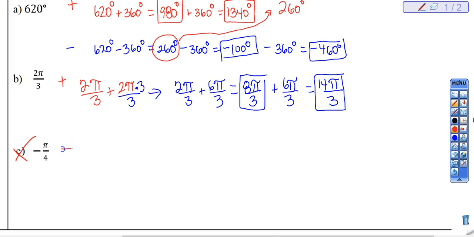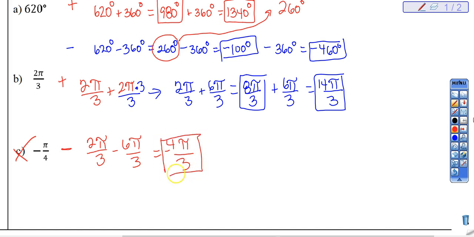And then if I want to find the negatives, I would just subtract 6 pi over 3 instead. So 2 pi over 3 minus 6 pi over 3 would give you negative 4 pi over 3. That would be one negative coterminal.